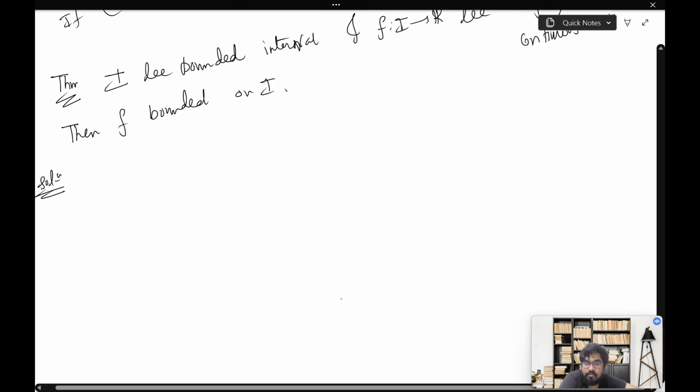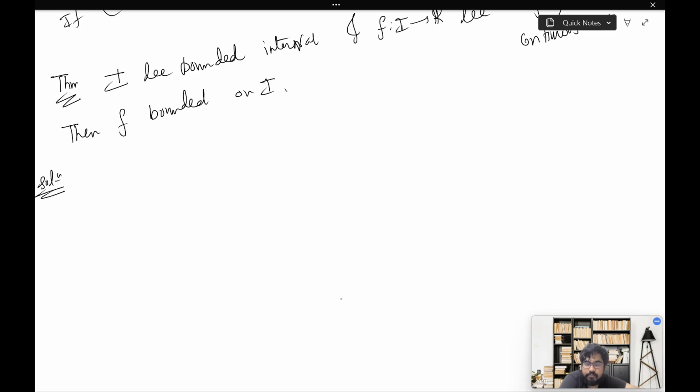I don't know whether sir has done this proof in the class or not, but anyway, let's see how to prove it. On the contrary, assume f is not bounded.